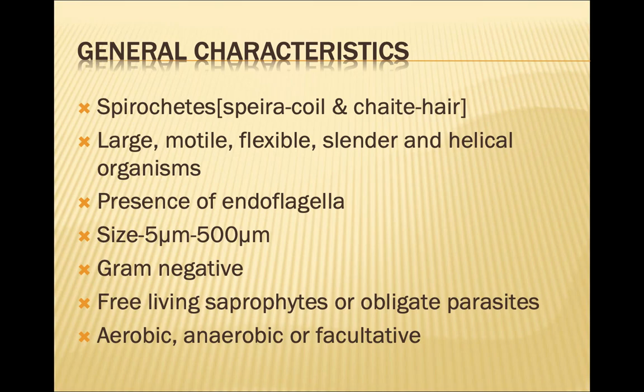These are all aerobic, anaerobic or facultative anaerobes like any other gram-negative bacteria. The type of motility exhibited by these spirochetes is described as corkscrew motility, or in case of treponemes, these have lashing motility.